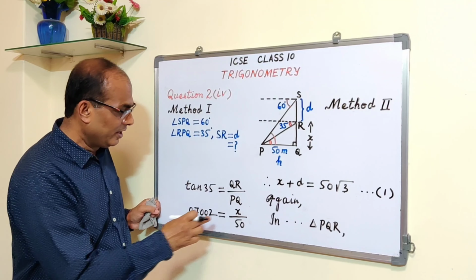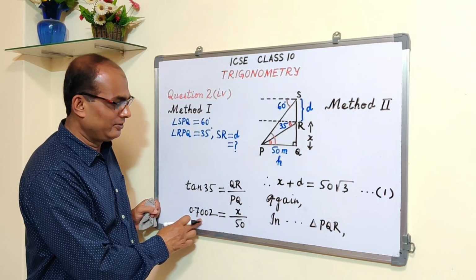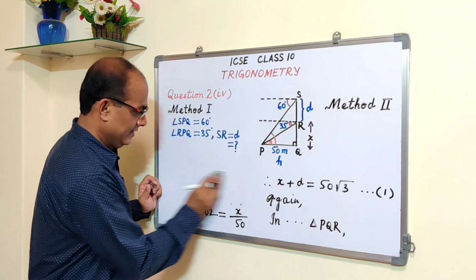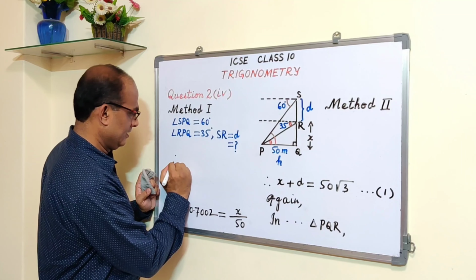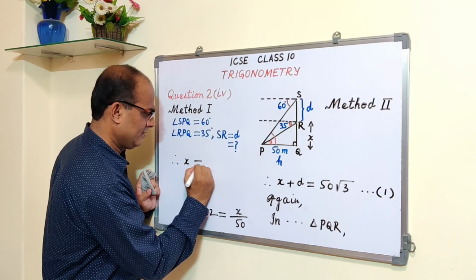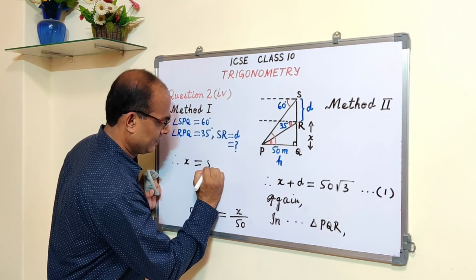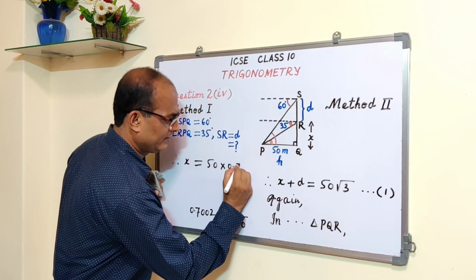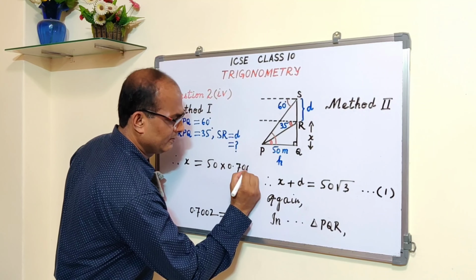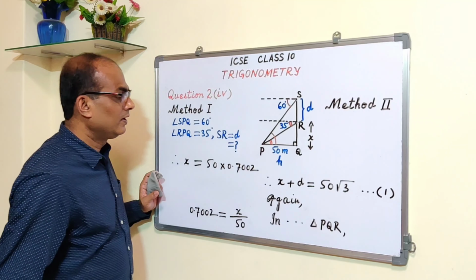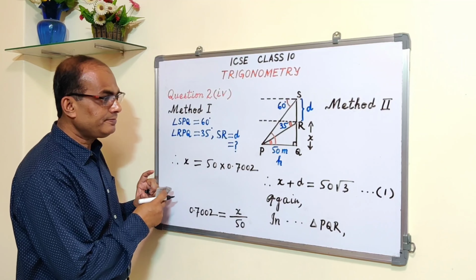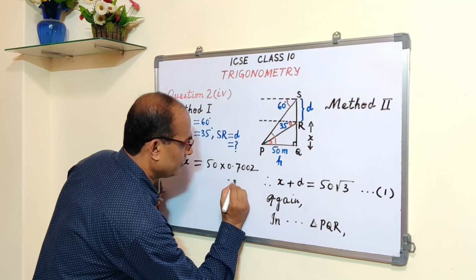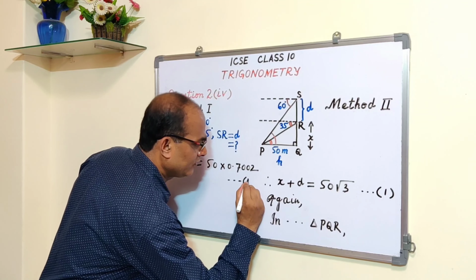So from here x is equal to 50 multiplied by 0.7002. Let me call this equation number 2.